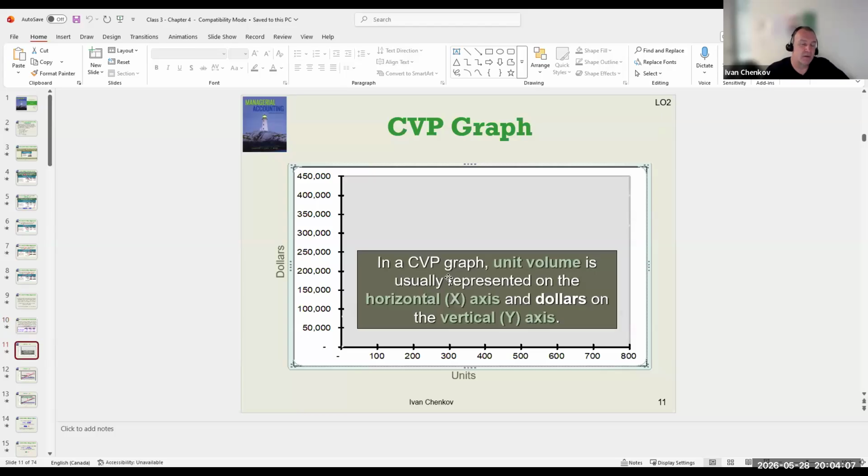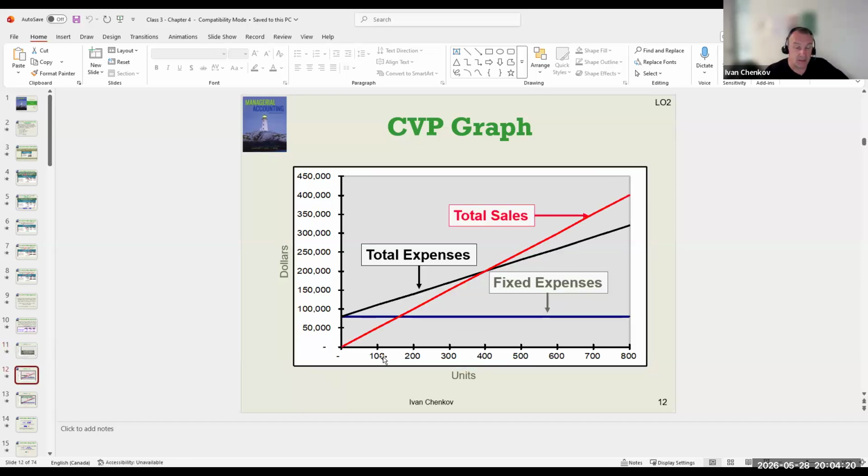Having this in mind, on our graph, we're going to put the number of units on our horizontal axis, and the sales dollars will be our vertical axis. So I know my fixed costs are $80,000, and I know that as soon as I start the sales, variable costs start coming.